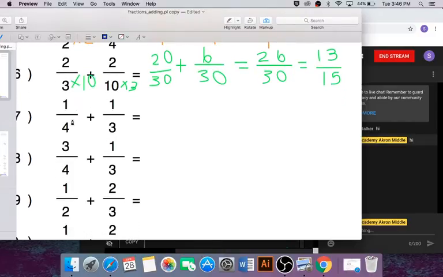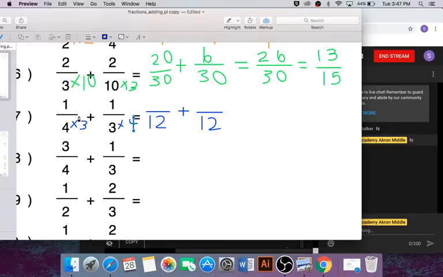Our next one, we have 1 over 4 plus 1 over 3. We have to figure out what number goes into both 4 and 3. So the least common multiple is going to be 12. So 4 times 3 is 12, and 3 times 4 is 12.